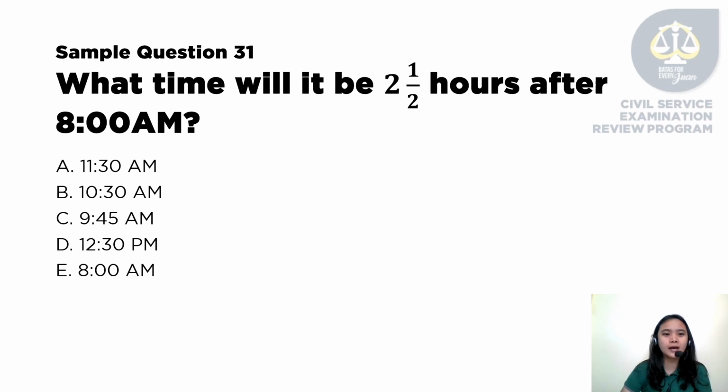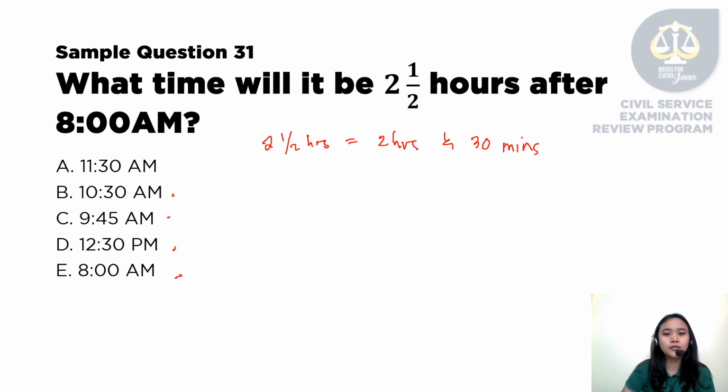For number 31, what time will it be 2.5 hours after 8 a.m.? Letter A, 11:30 a.m. B, 10:30 a.m. C, 9:45 a.m. D, 12:35 p.m. and E, 8 a.m. Note that 2.5 hours is equal to 2 hours and 30 minutes. Kasi sa isang oras, meron tayong 60 minutes.